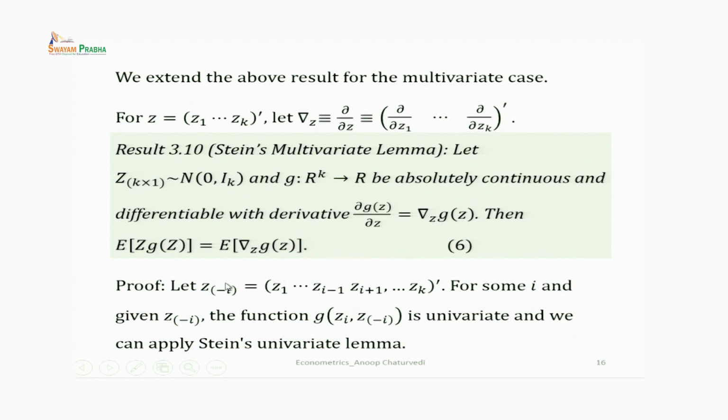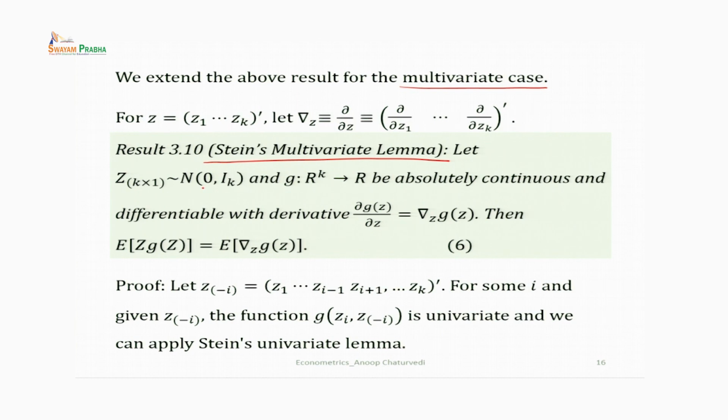Now, we extend this result to the multivariate case. So, suppose z is equal to z 1, z 2, up to z k transpose, and del z is del over del z equal to del over del z 1, and so on up to del over del z k transpose. So, this result is also called Stein's multivariate lemma.